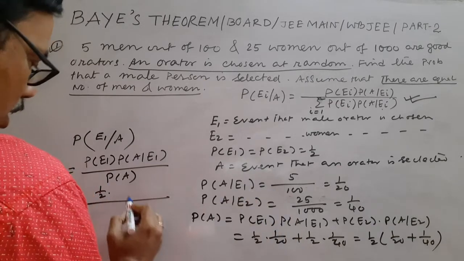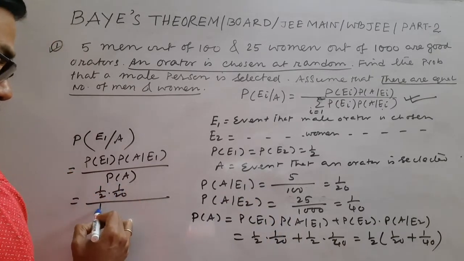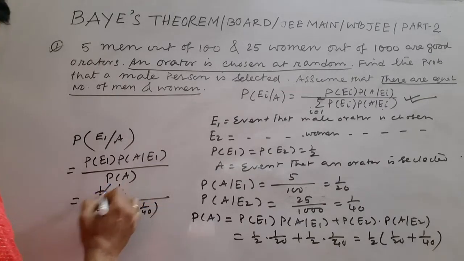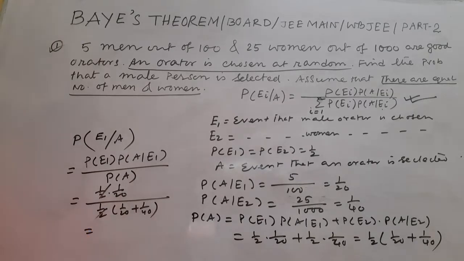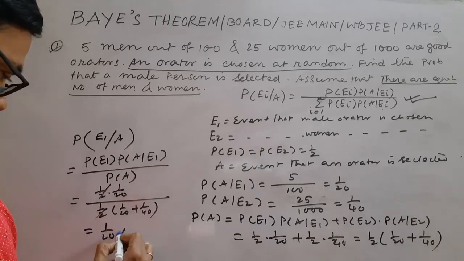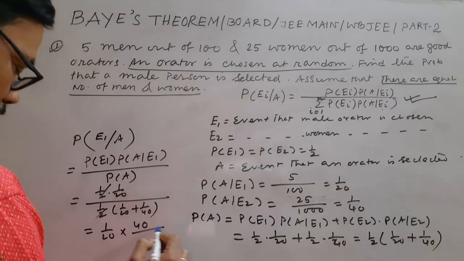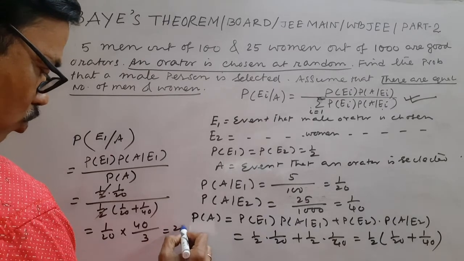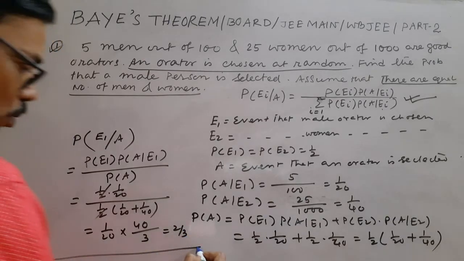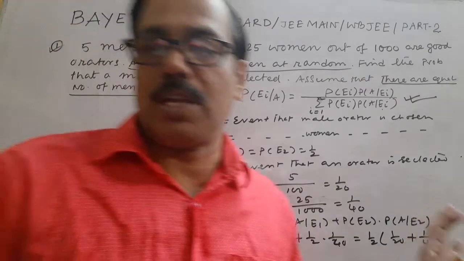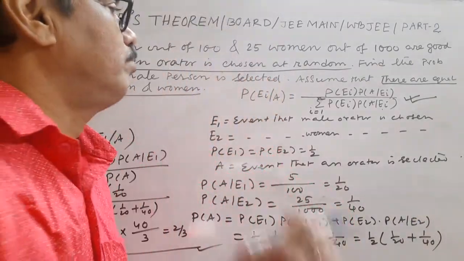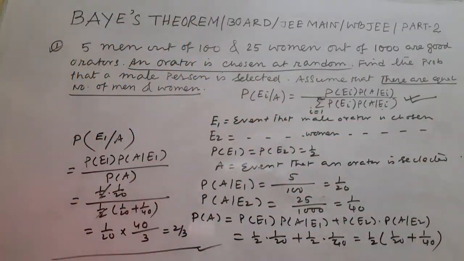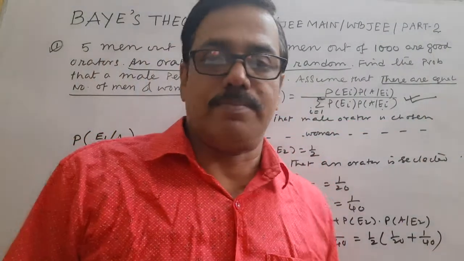P(A|E1) is 1 by 20. This is half common, 1 by 20, 1 by 40. So, half is cancelled out. So 1 by 20, 40 is the LCM. This is 2 plus 1, this is 3. So finally 2 by 3. So this is a very simple problem of board for WBJEE. So this is the simplest problem.